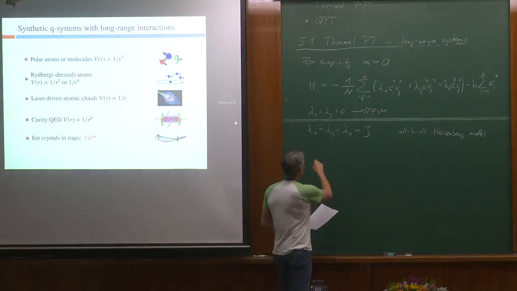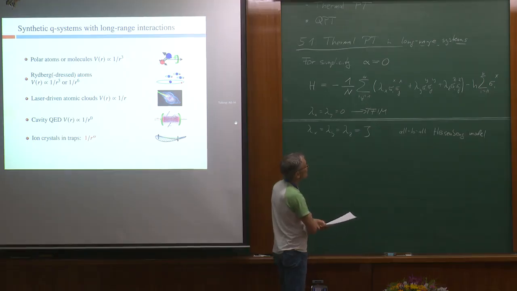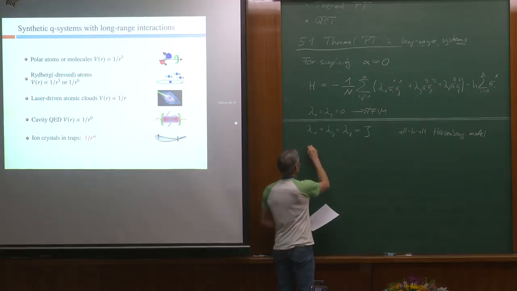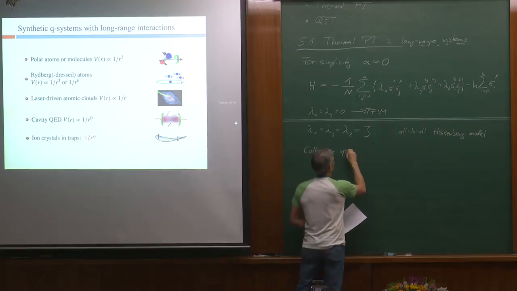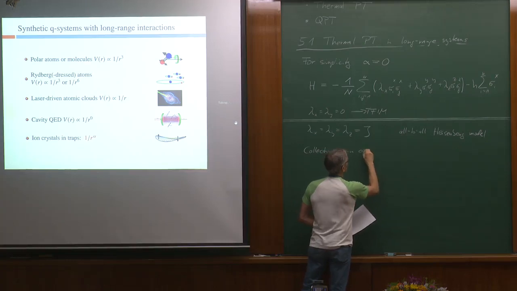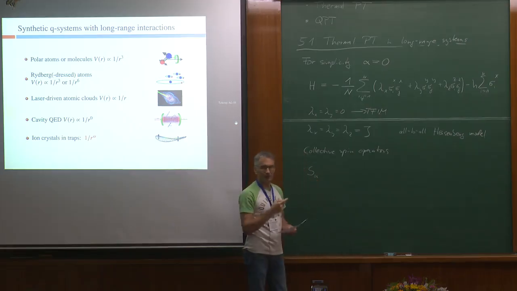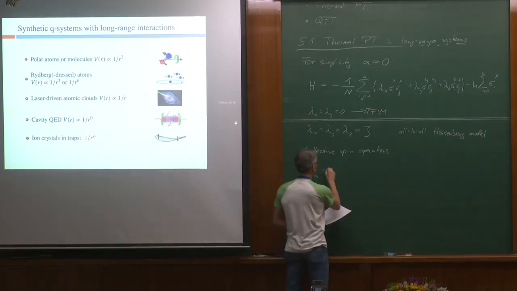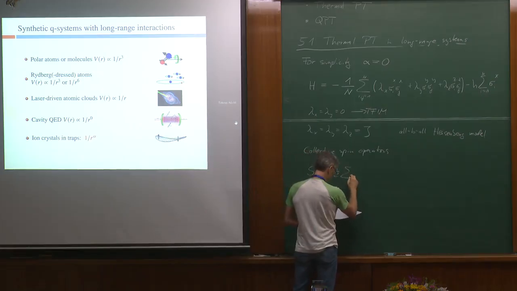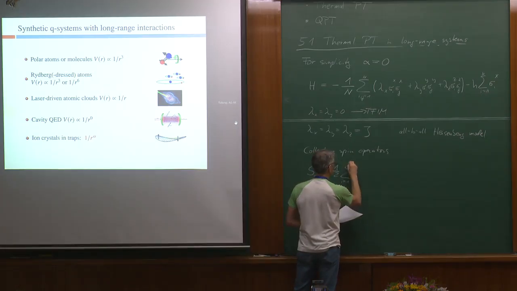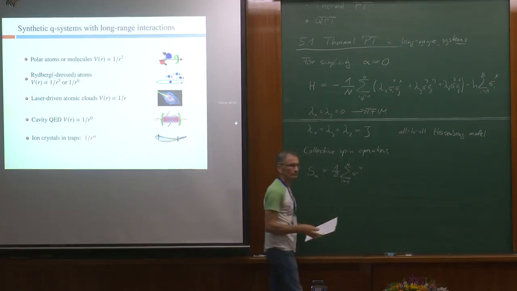And now I've introduced so many simplifying assumptions that we really can make a fairly easy calculation and get some results. The first step for a simplification that I'll be using is I'll define what is called collective spin operators. They are S alpha, where alpha is x, y, or z, and it's just 1/2 sum over all the spins, sigma i alpha.